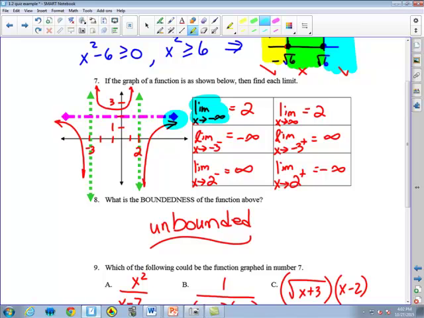And you can see that it's about positive 2. As x approaches negative infinity, we're at positive 2. As x approaches positive infinity, we are also at positive 2.